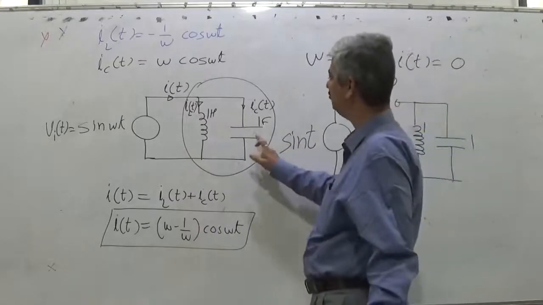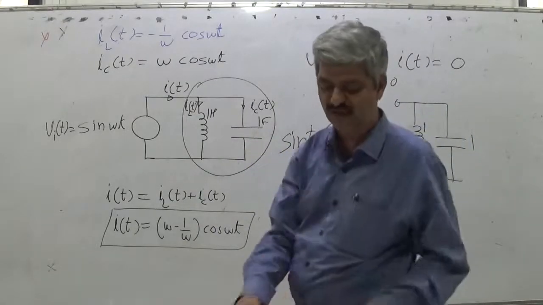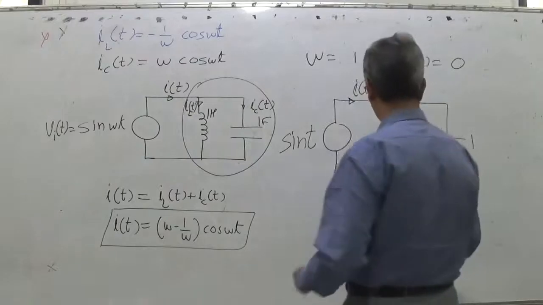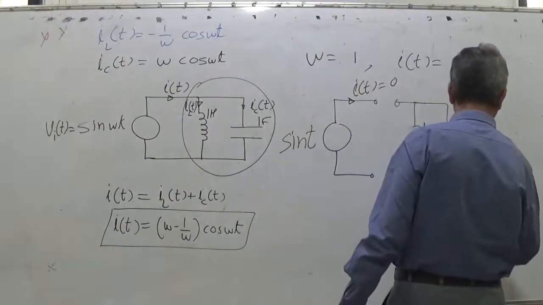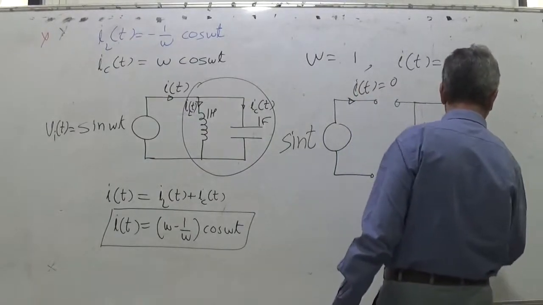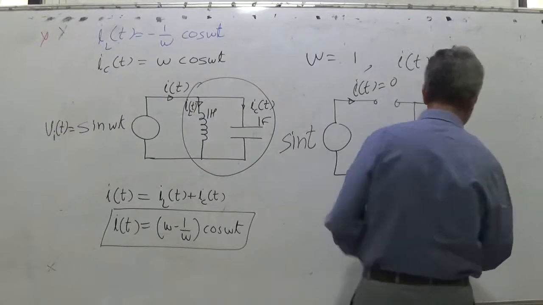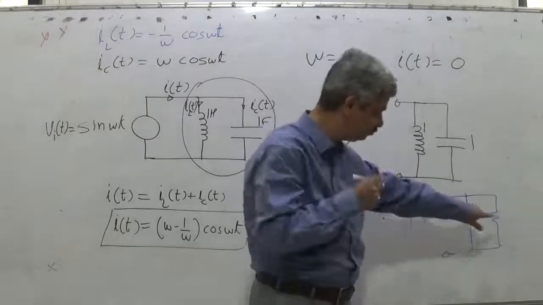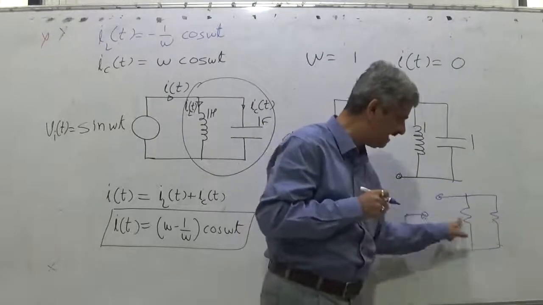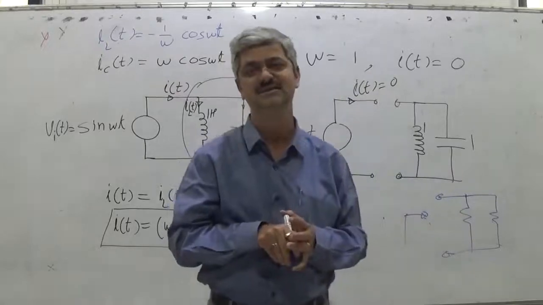Suppose I have this resistance and this resistance in parallel, and I look at the effective resistance of these two individual resistances. What is the formula for parallel resistance?